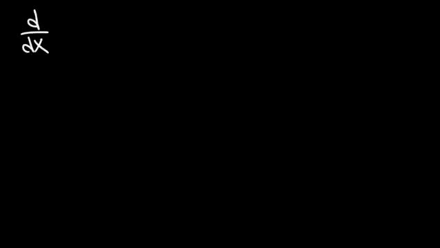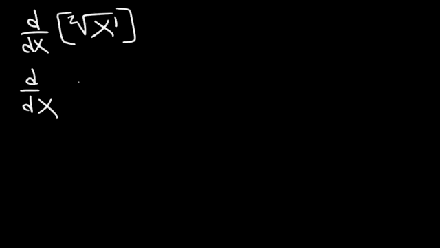Now what about this one? What is the derivative of the square root of x? Go ahead and try that. For this example, we need to rewrite it. This is x raised to the first power, but within a square root symbol, and the index number is a 2 if you don't see a number there. And so the way you rewrite it is like this.